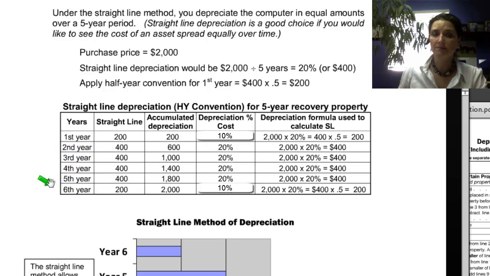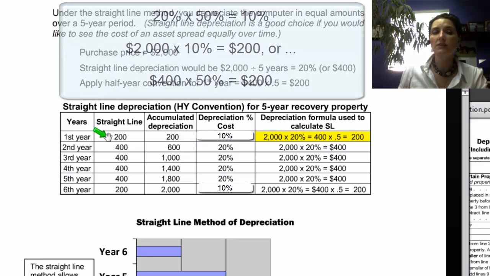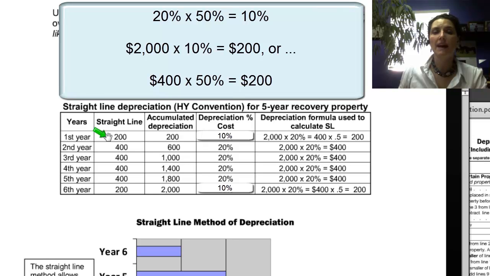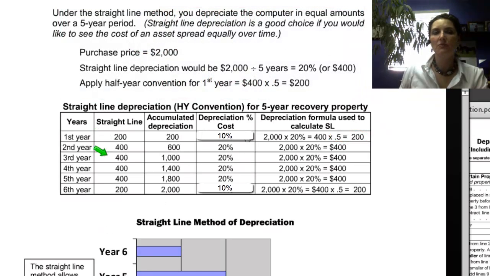How does the math work? Well, the original cost of the asset is $2,000, and we can multiply that by 10%. We would normally get 20% a year, but in the first year we have to multiply that by 50%. So we end up with 10% in the first year and 20% in all other years. And if you go cumulatively, that means in the first year your depreciation deduction is $200, in the second year your deduction is $400, but your accumulated depreciation would be $600.